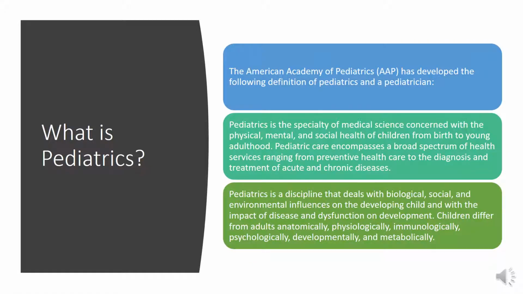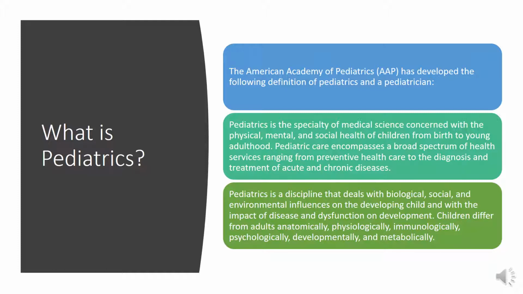So what is pediatrics? The American Academy of Pediatrics has come up with their own extensive definition, being that it is a specialty of medical science concerned with the physical, mental, and social health of children from birth to young adulthood. Pediatric care encompasses a broad spectrum of health services ranging from preventative health care to the diagnosis and treatment of acute and chronic diseases.